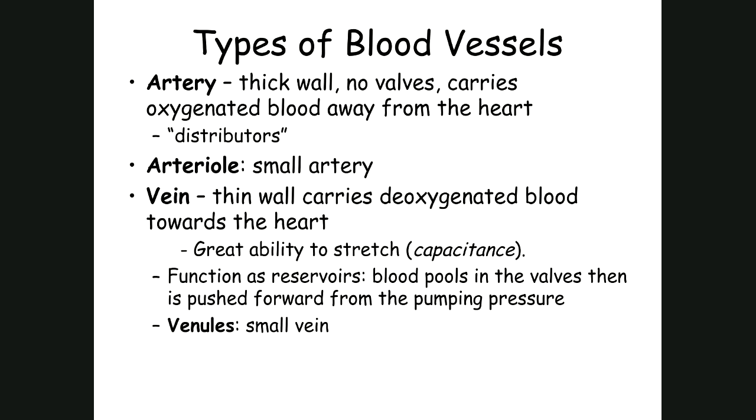Arteries are thick and they have no valves inside. They carry oxygenated blood away from the heart. Whereas the veins have a thin wall and carry deoxygenated blood. This is the basic thing you all know about this.